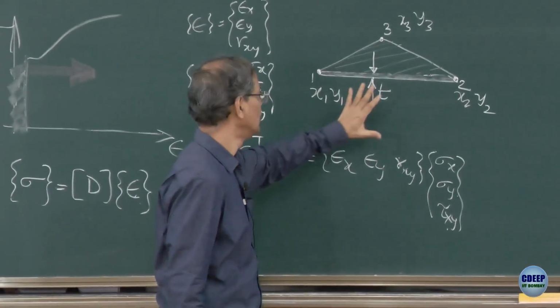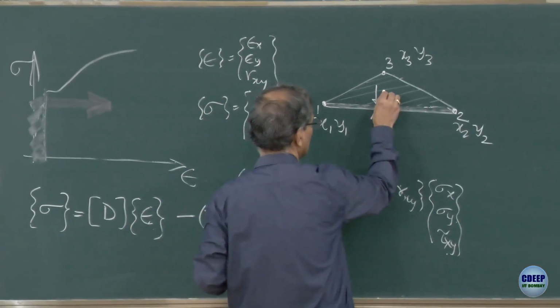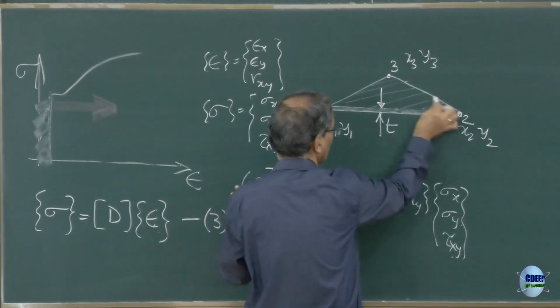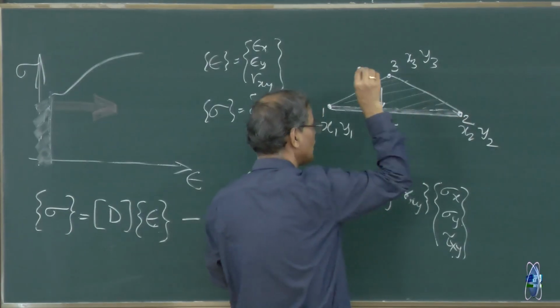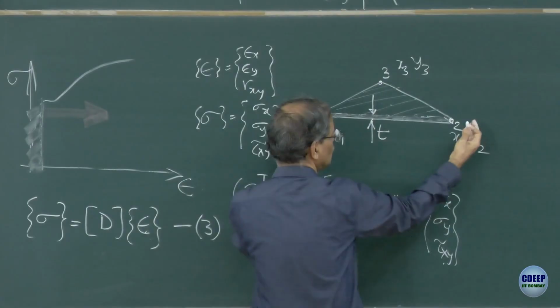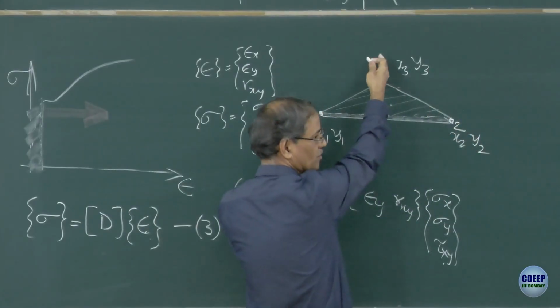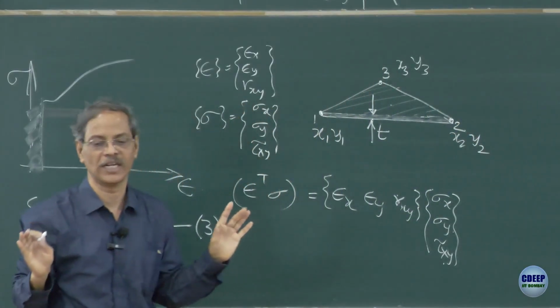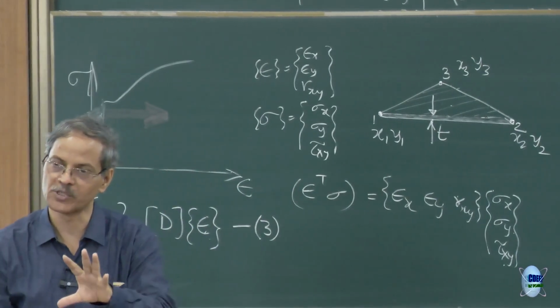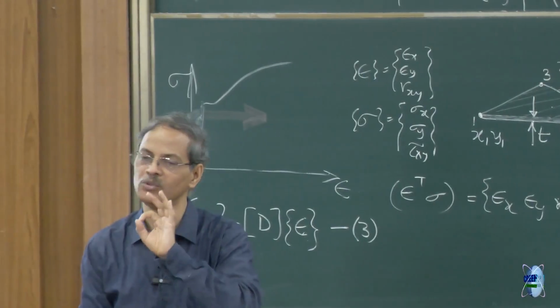Still, whatever strain energy we are calculating, epsilon transpose sigma integrated over this entire volume, is the strain energy stored in this element when it undergoes deformations u1, v1, u2, v2, u3, v3. That is what I am trying to compute in terms of the nodal displacements u1, v1, u2, v2, u3, v3.